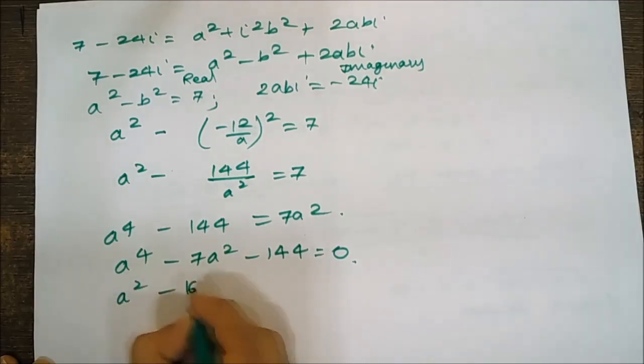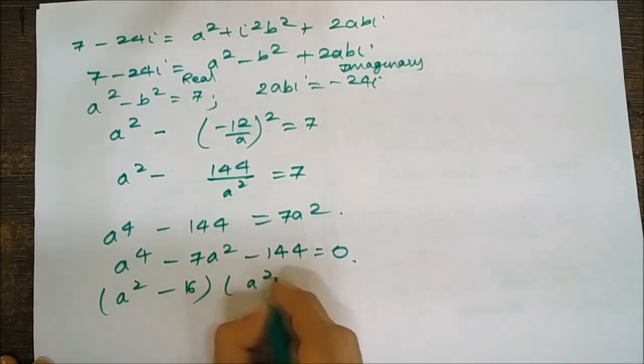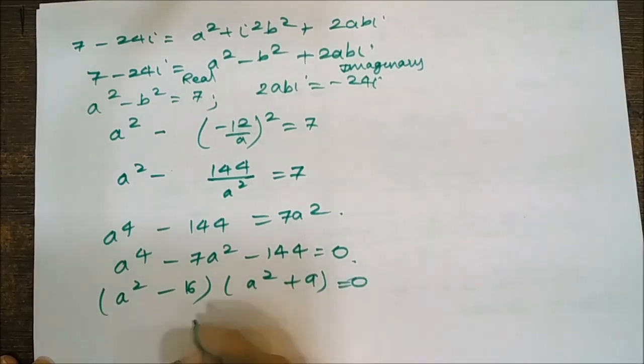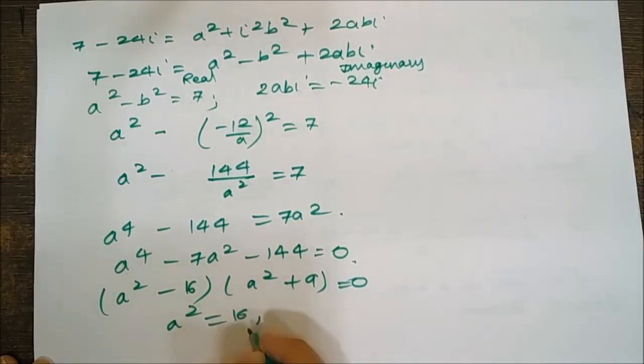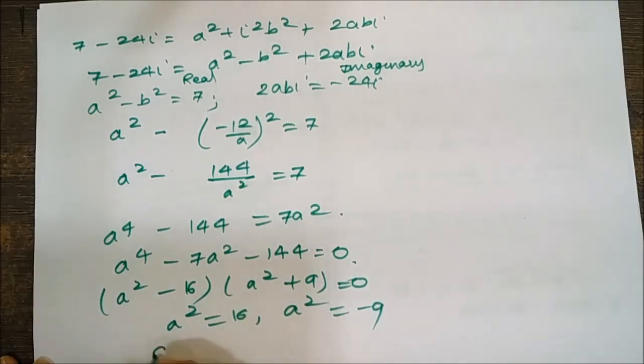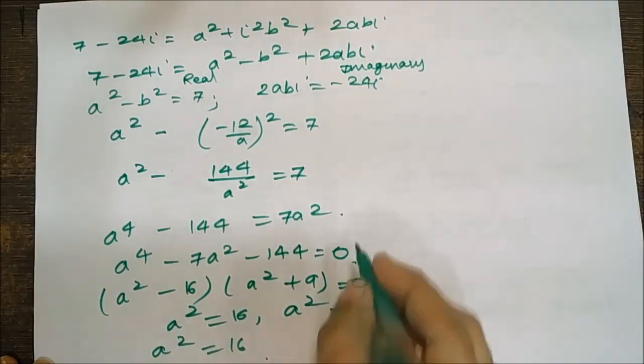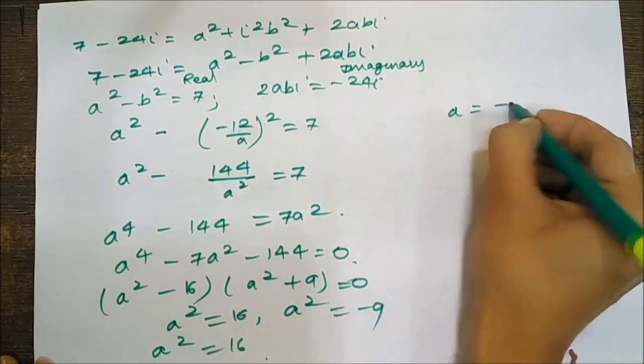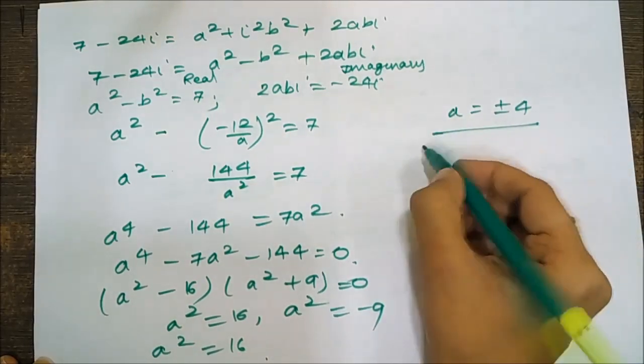So a square minus 16 times a square plus 9 equal to 0. So a square is equal to 16, or a square is equal to minus 9. a square has to be equal to 16. a is either plus or minus 4.